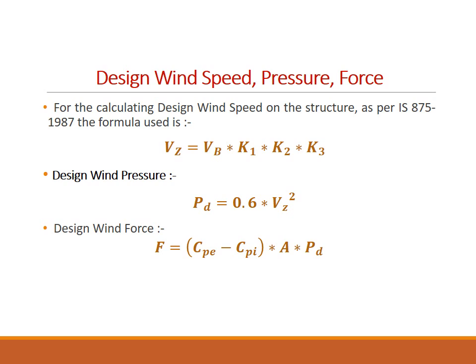CPI is the internal pressure coefficient, depending upon the openings provided in the building and the direction of the building. If the openings are provided opposite each other, then obviously the wind coming from one opening goes out directly from the second opening.